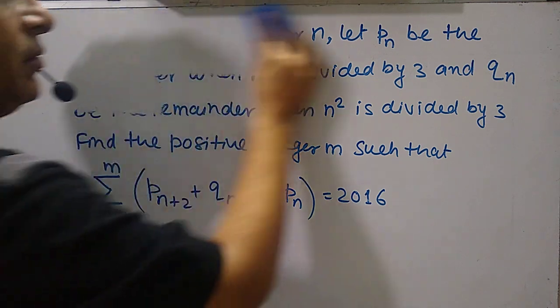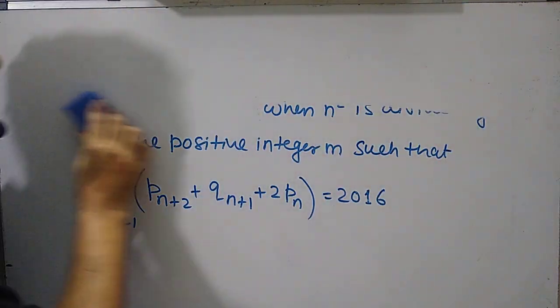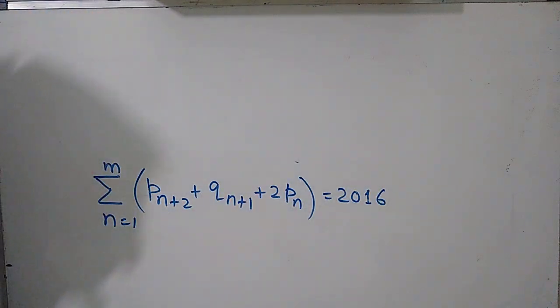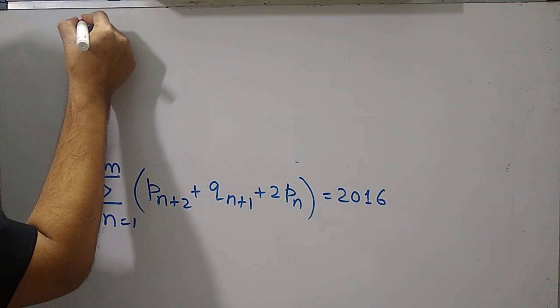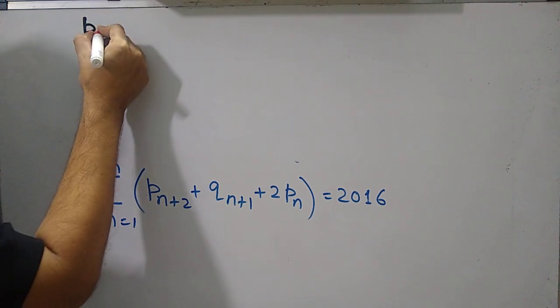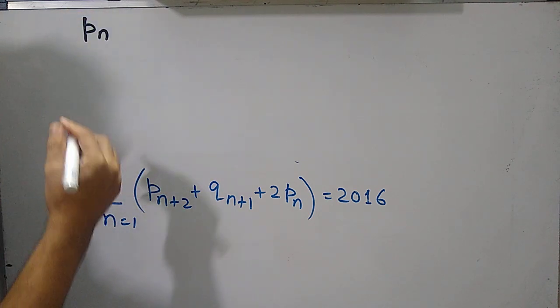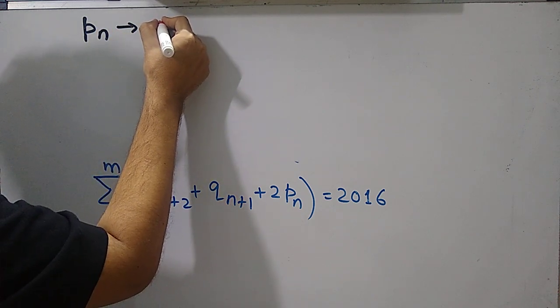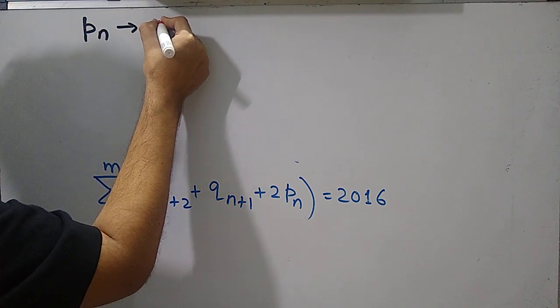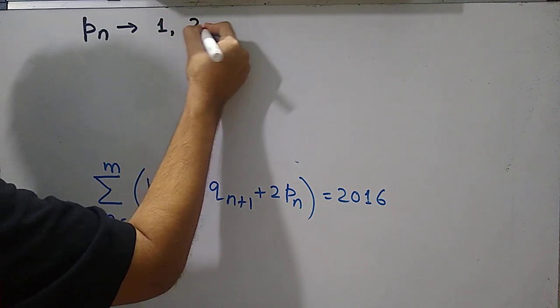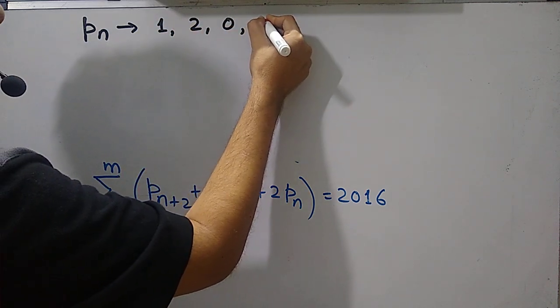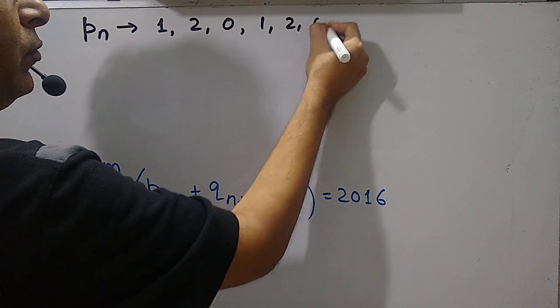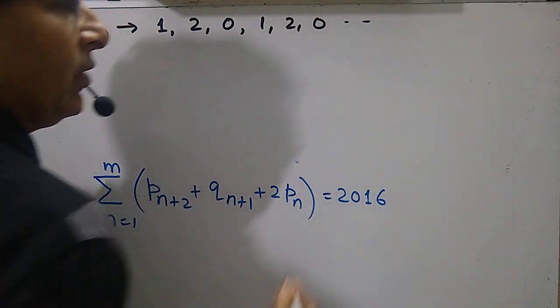It is given that Pn leaves a remainder when divided by 3. So this can be basically 1, this can be 2, it is 0, then we get 1, 2, 0 and so on.